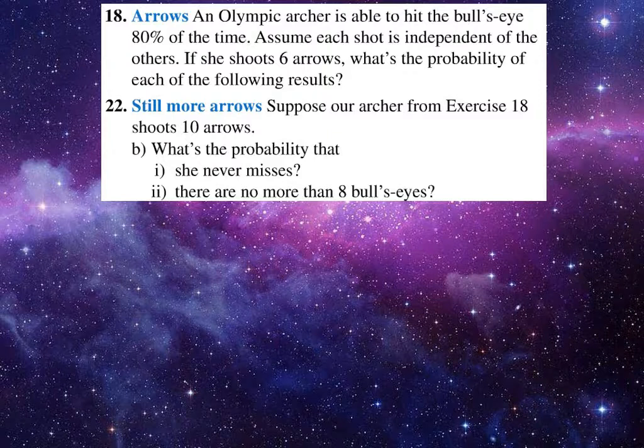Why would you do 0? She never misses, so she gets 0. So never miss it, all the way. Go left. So you have to do 1 minus. No, that's... Oh, that's what I did.